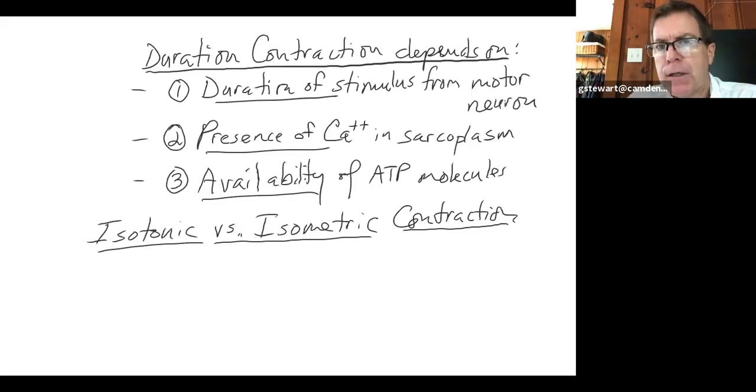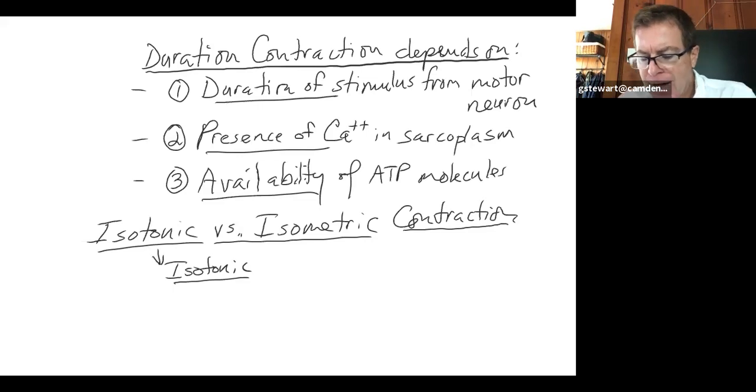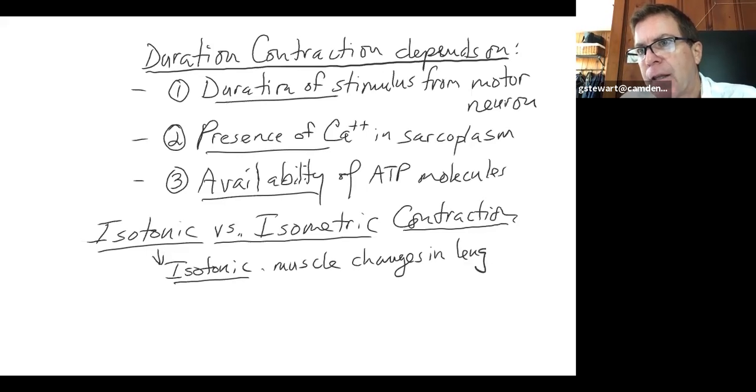So let's go on to these two different types. This one, isotonic, I'll define it and then give you a couple different types. What this means in definition is just the muscle changes in length during contraction.